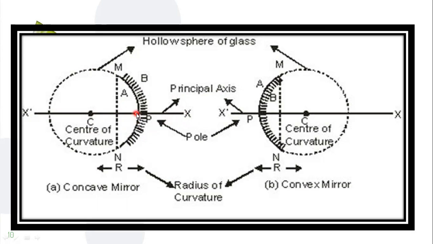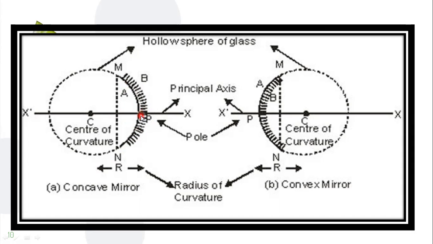Then what is pole? This central part of this concave mirror is called the pole. So you will say that the middle point of the concave mirror is called the pole. Then there are a few more terms. What is focal length? We show the focal length with small f.